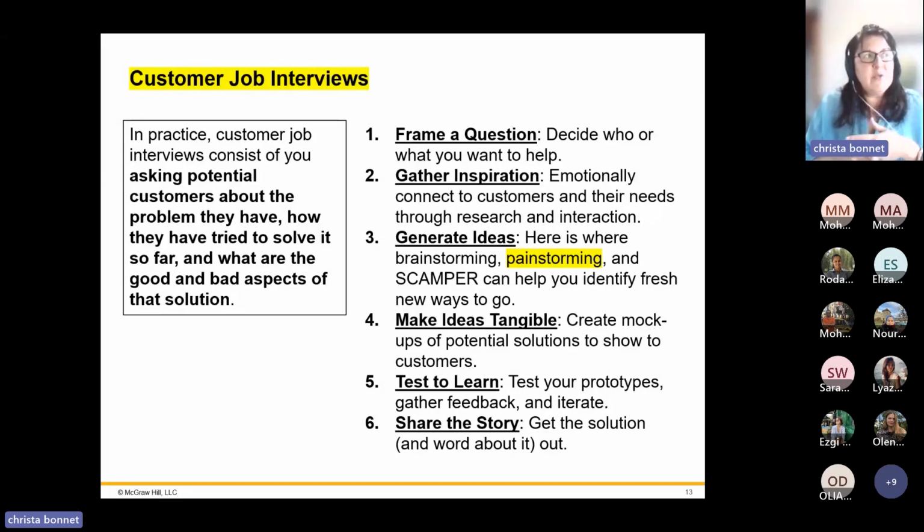The second one is gather inspiration. That means make an emotional connection to a client. For example, I'll give you an example of one of the big pharmaceutical companies. I do their consulting, and I develop their entrepreneurs.